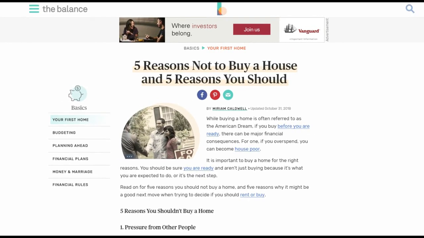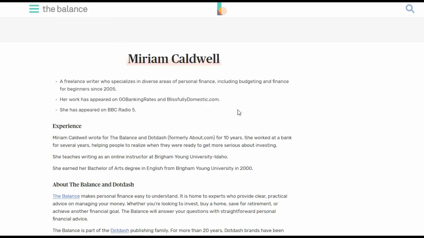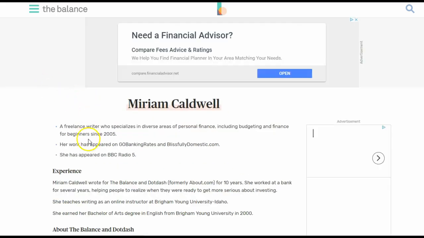So it comes from a general trade magazine called The Balance. And if you take a look at The Balance, it's written by people in the industry for people who are in business. It's not an academic journal. It's more aimed at general people running a store. So here is her article, and this is by Miriam Caldwell, and if you take a look at her credentials, it talks about what she's done.